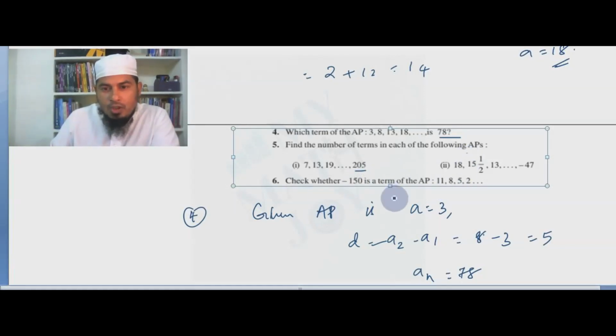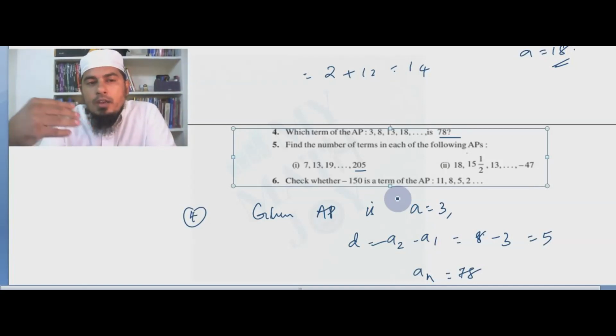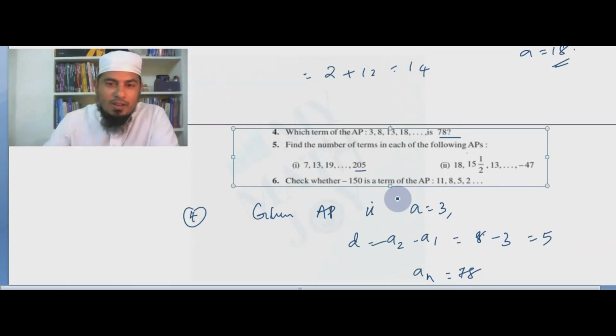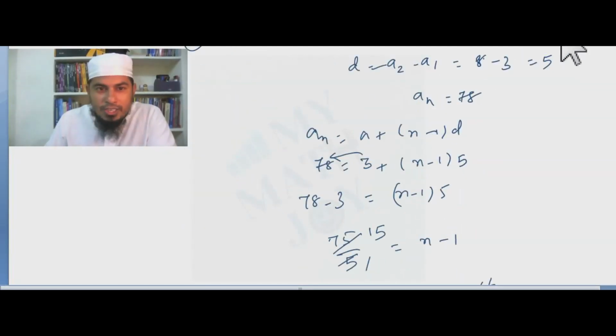If it is not, you will get a non-integer, fractional value, or a negative number. Then you should decide that minus 150 is not in this AP. So I hope you understood the 4, 5, 6 bit. Very nice. One or two mark questions will be asked continuously in this model. Let's move on to the next question.